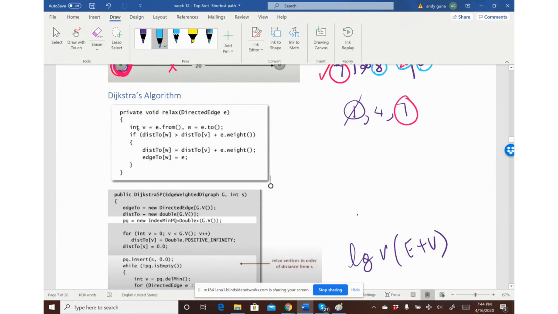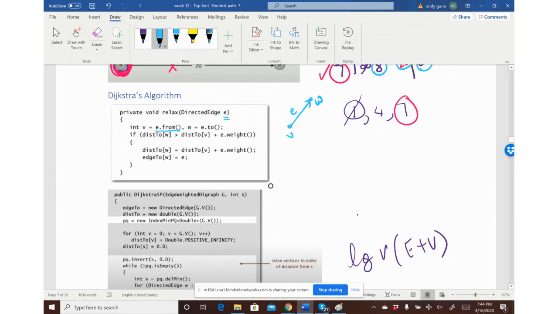So here, E is an edge, and if you have an edge E, in this case V and W, V is the from vertex, and W is the to vertex.